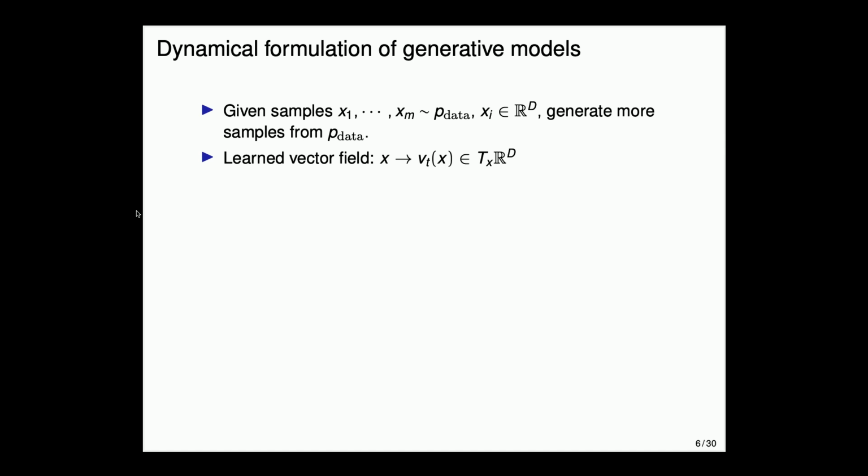Okay. So, no matter what kind of generative model you use, there is an underlying optimization problem that is solved, right. So, you are trying to learn some vector field, some true vector field Vt, by solving some optimization problem, and this vector field is used to generate the samples.